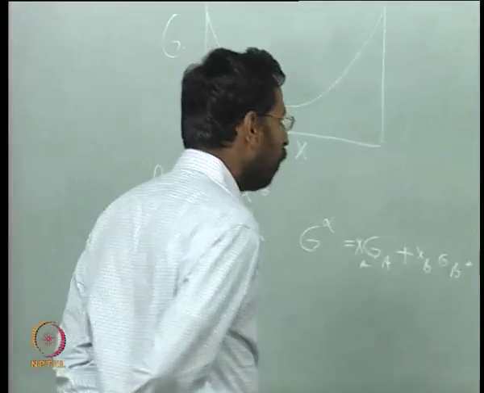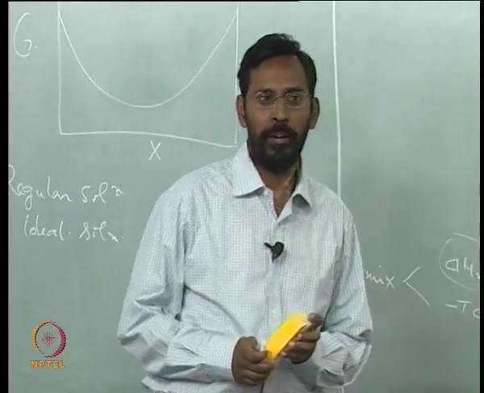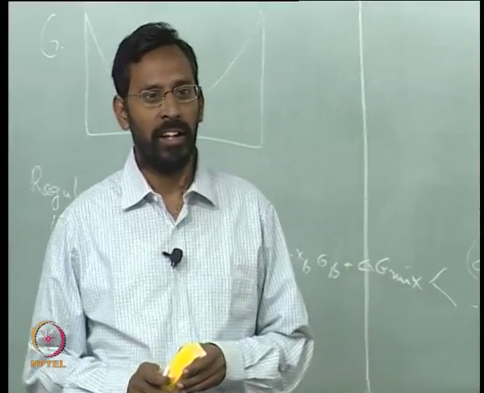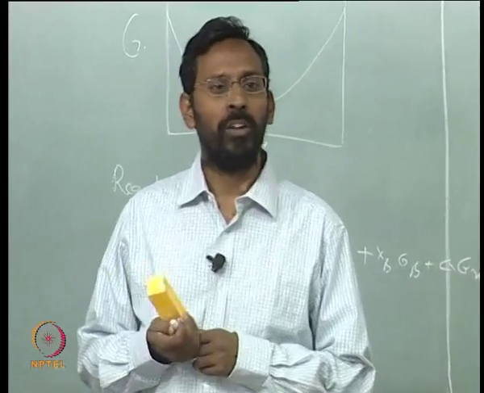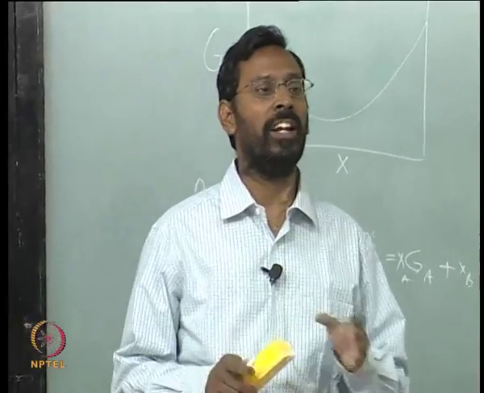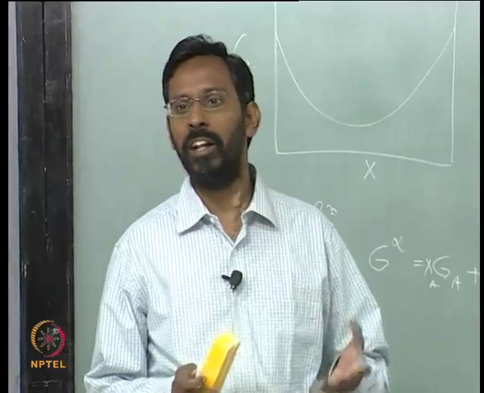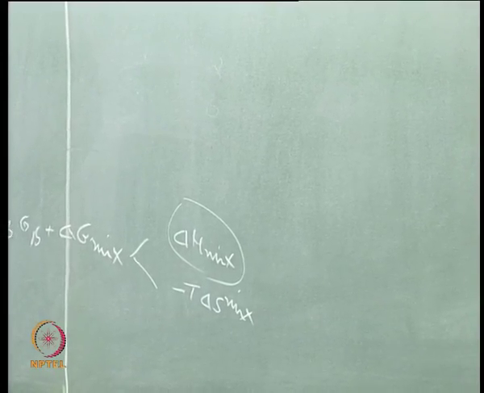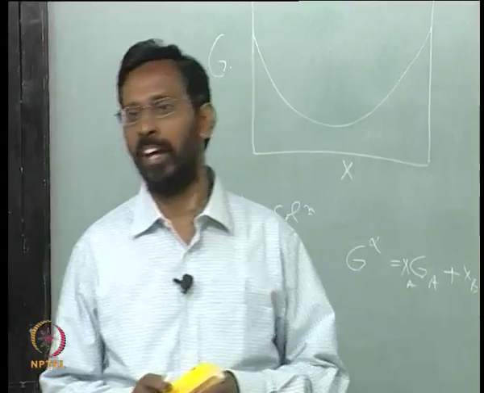Yes, if you do DSC, if let us say you take A and B metals, mix them and then do a DSC, if there is a positive or a negative interaction, you would see it in terms of what is called heat of formation. For this heat of formation we use calorimetry, and a more sophisticated version is DSC, differential scanning calorimetry.